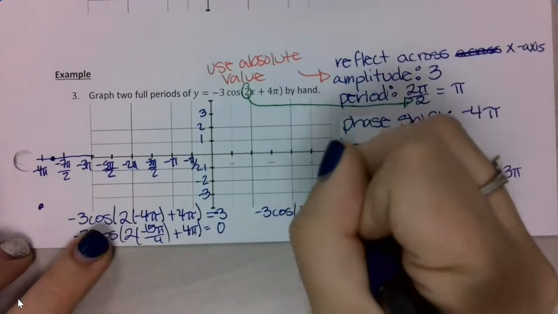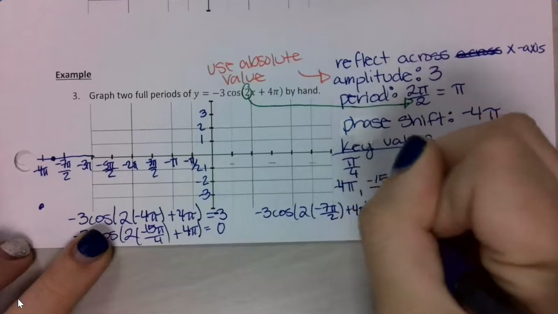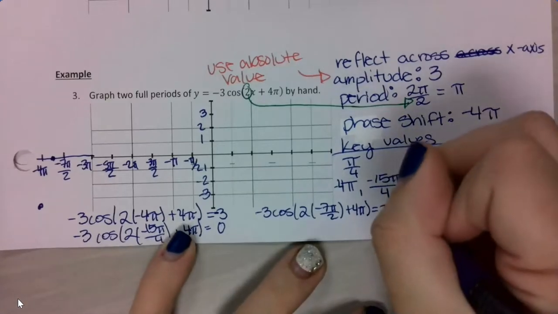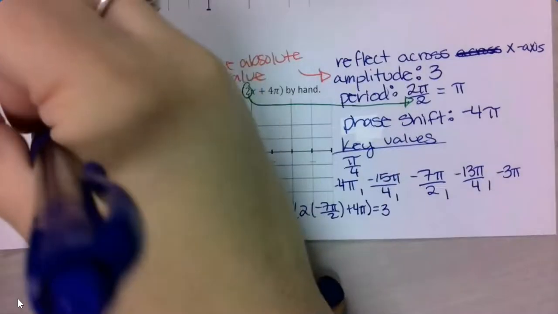Then I want to plug in the negative 7 pi halves. Okay, this one gets us positive 3.